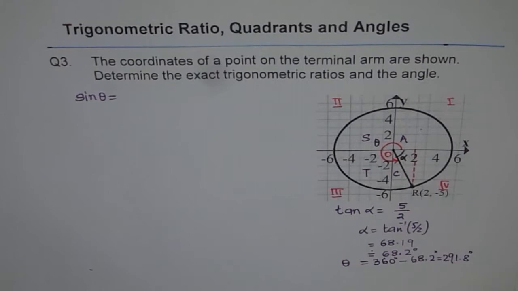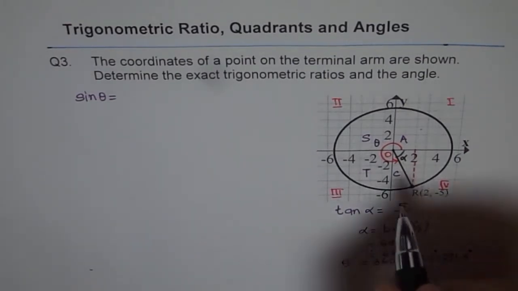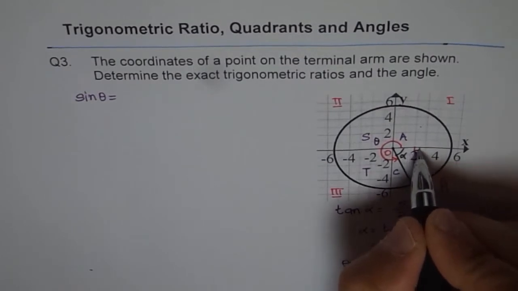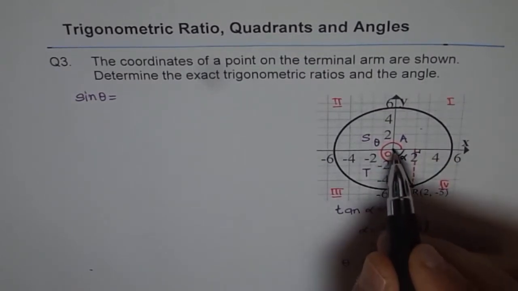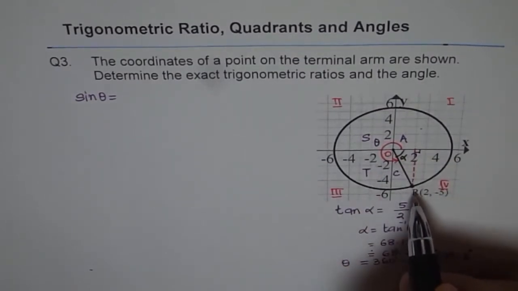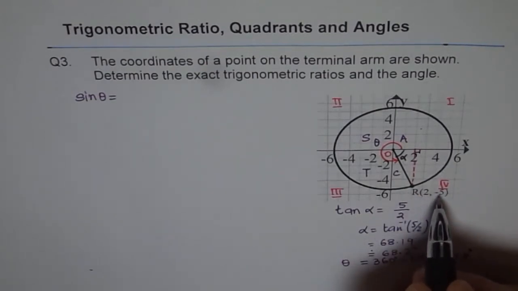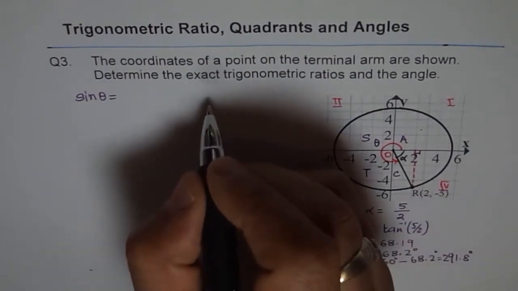Now we need to find what the hypotenuse is, right? To find the hypotenuse, we'll use the Pythagorean theorem. This is your perpendicular, correct? And so the hypotenuse, that means OR, is equal to the square root of 2 squared plus 5 squared.